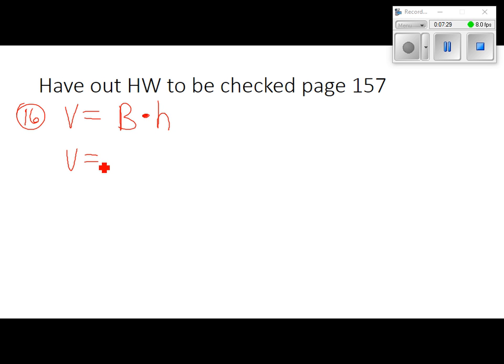Is there a formula? I think we had a formula for pyramids, didn't we? Yes. So volume is 1/3 big B times H. So we're looking at these two formulas. This is a prism. This is a pyramid.